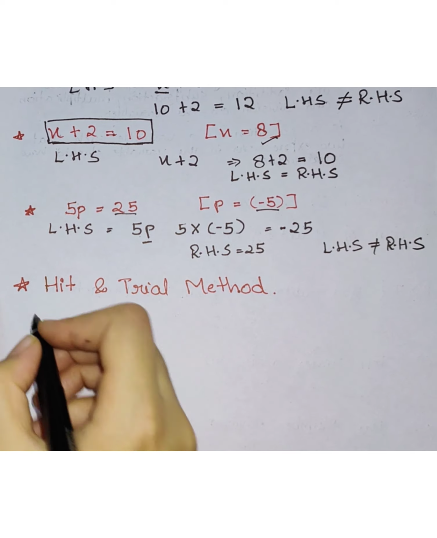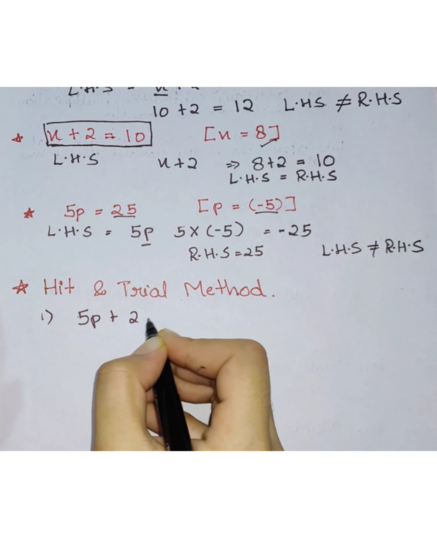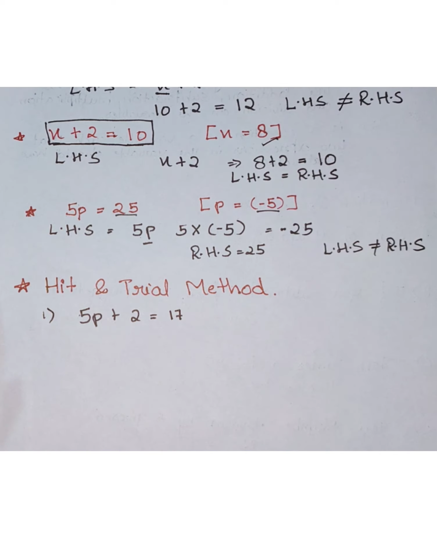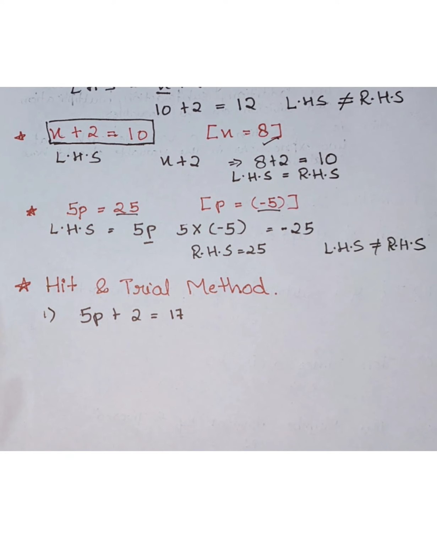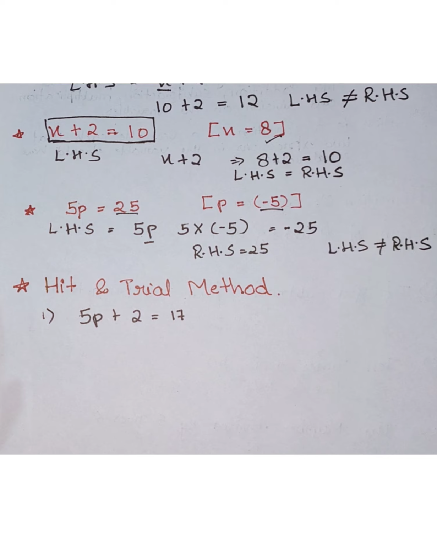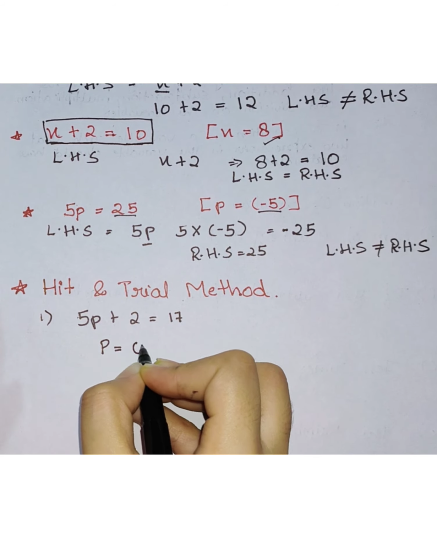So let us take one question. 5p plus 2 is equal to 17. Now you have to find the value of p which satisfies the given equation. So how do we find it? We'll take different values for p and check which will satisfy the equation. So first of all, let us take p is equal to 0.